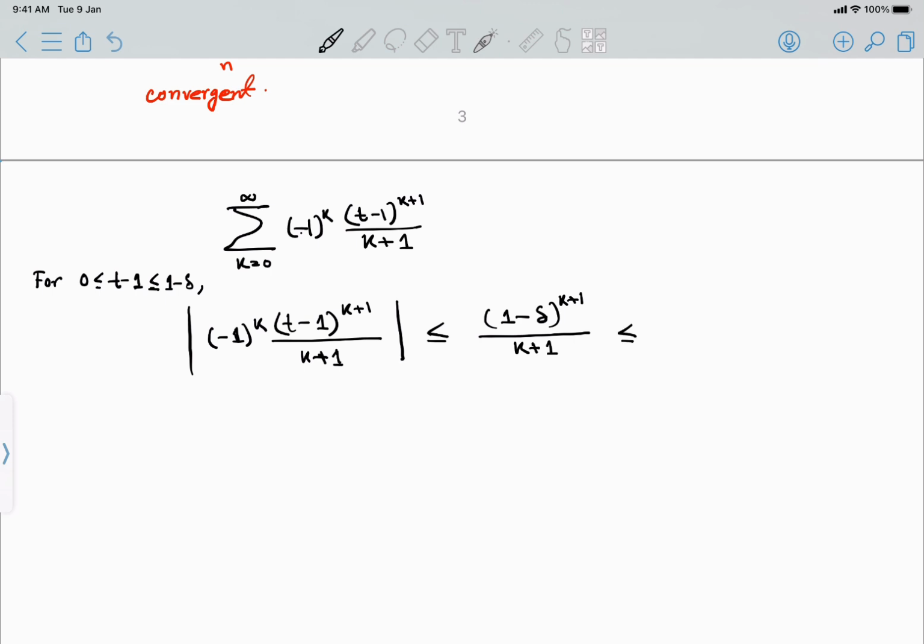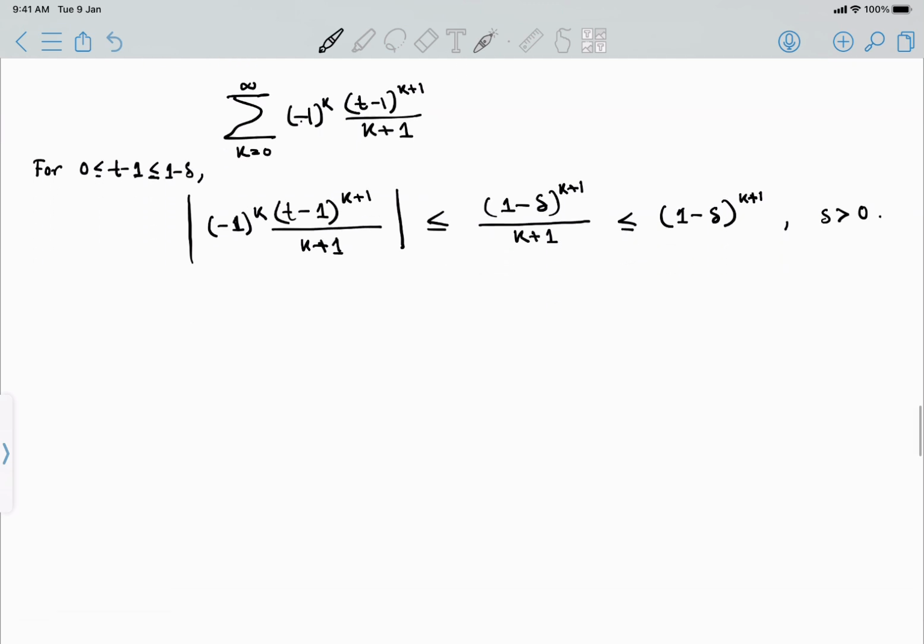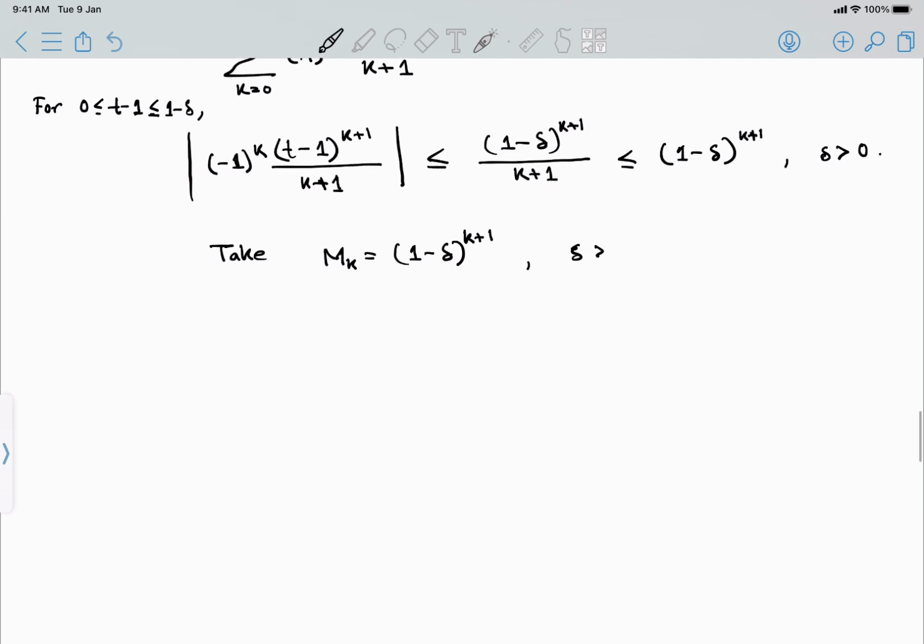Since k plus 1 is positive and bigger than 1, this is less than (1 minus delta) to the power k plus 1, for delta bigger than 0. Delta is obviously less than 1, a small delta, so take M_k to be this, for delta positive and less than 1.